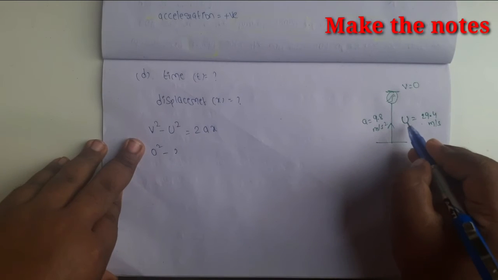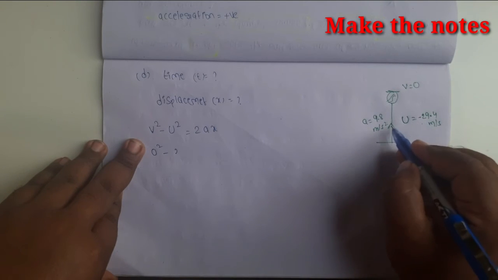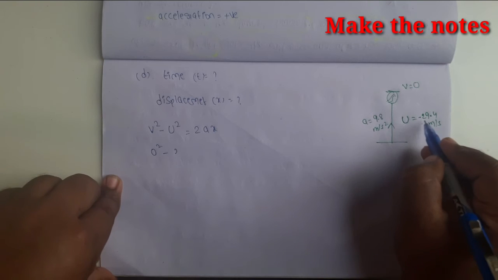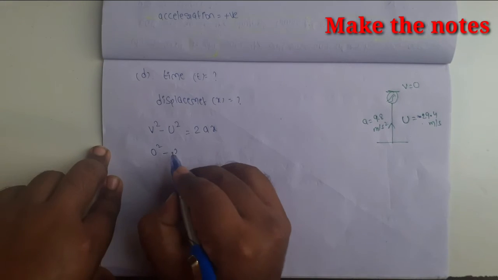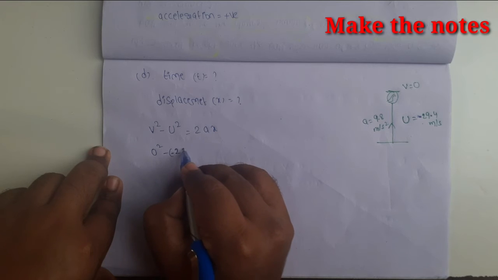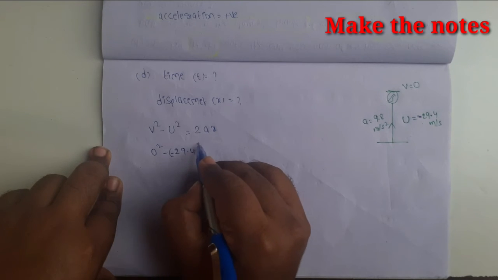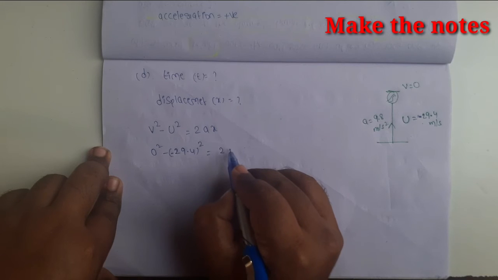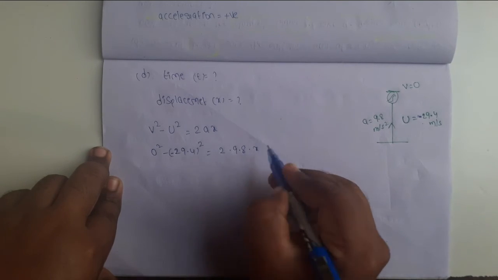but here the velocity of the ball is in the upward direction. So when the ball is moving upward, velocity is a minus value. So 0 squared minus (minus 29.4) squared equals 2 into g value 9.8 into x.